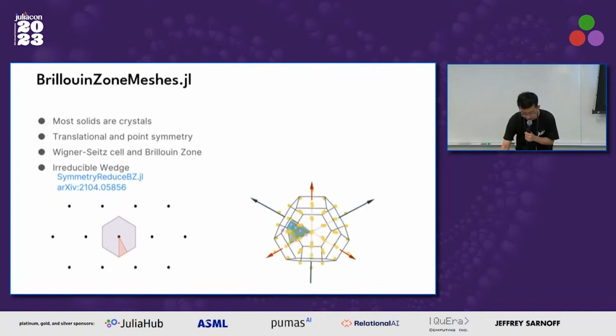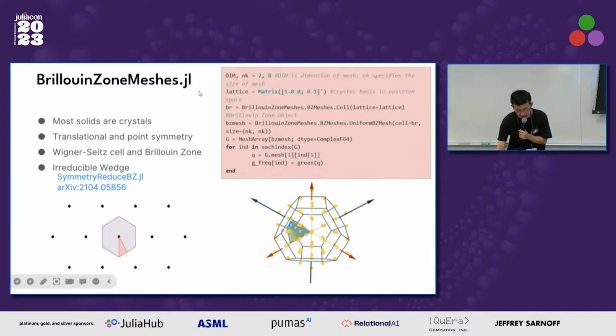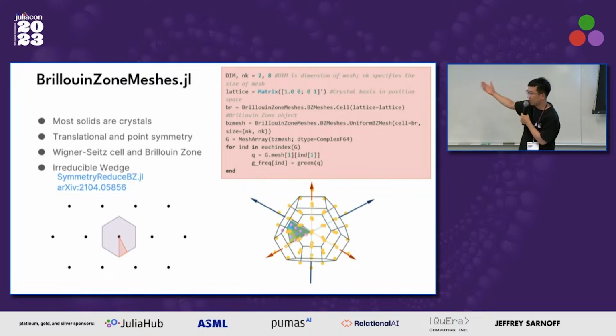Here is an example of the 3D irreducible wedge generated by our package, and this would be an example code. Of course, we also equip the Brillouin zone with meshes shown as the yellow points here.